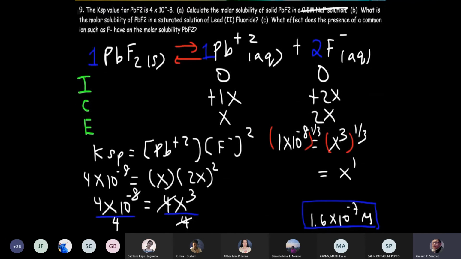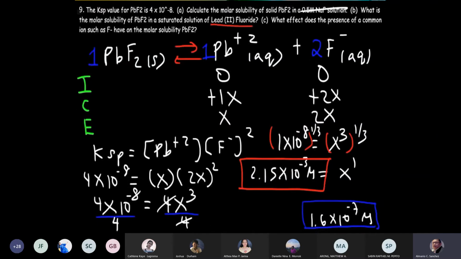The cube root of 1 times 10 to the negative 8, that's 2.15 times 10 to the minus 3. So this is the molar solubility in a solution of lead fluoride.